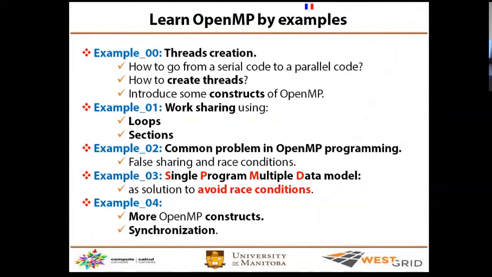And we will see that this model will not solve the whole problem, because we can use it, for example, to get a good result, but we will not gain in speed. To gain in speed, we'll introduce some other constructs to control more how the data is shared and so on.